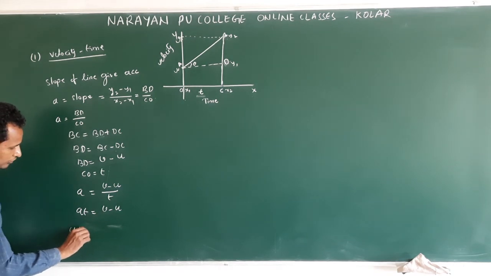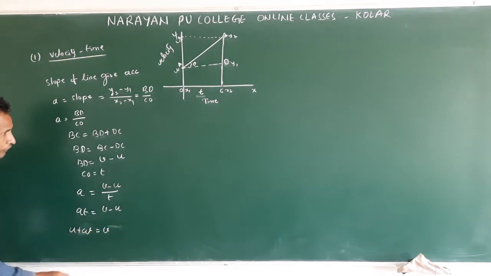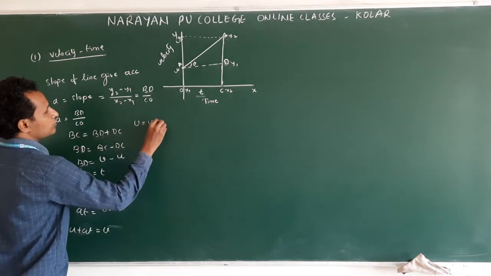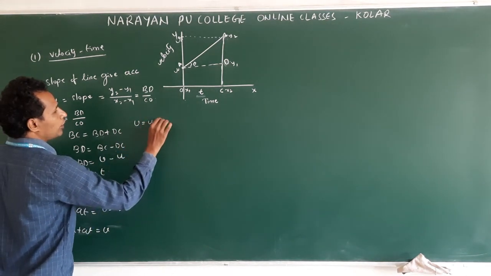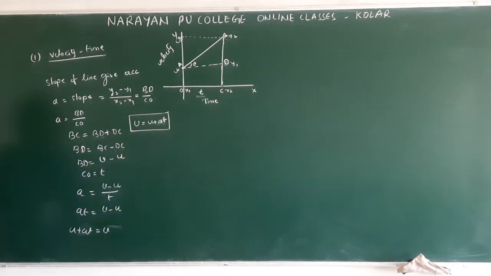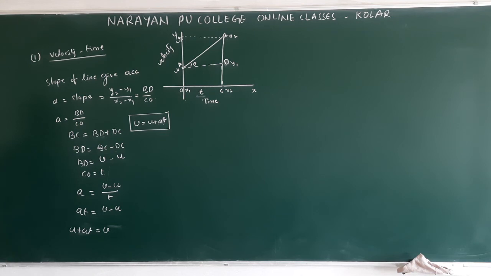So U plus AT is equal to V. Then V is equal to U plus AT. This is the first kinematic equation.